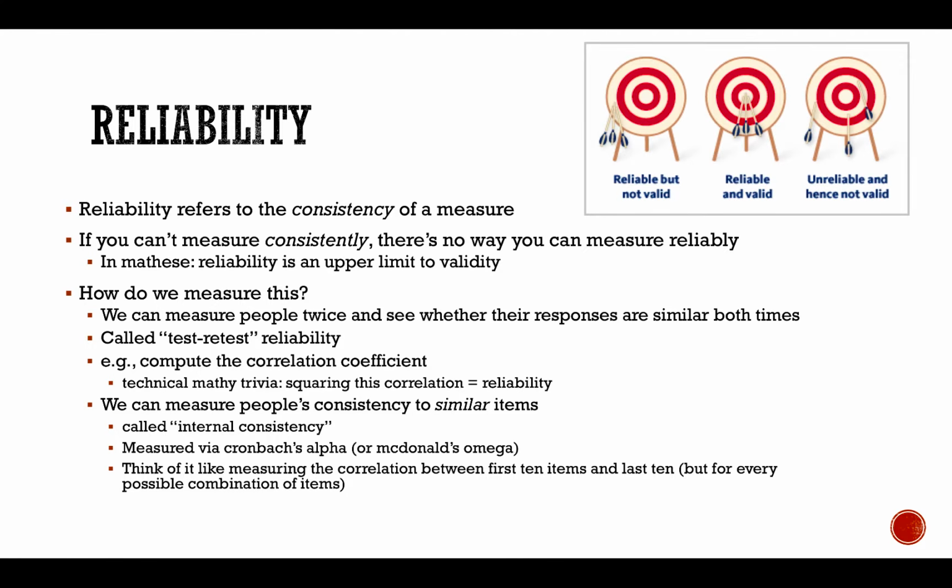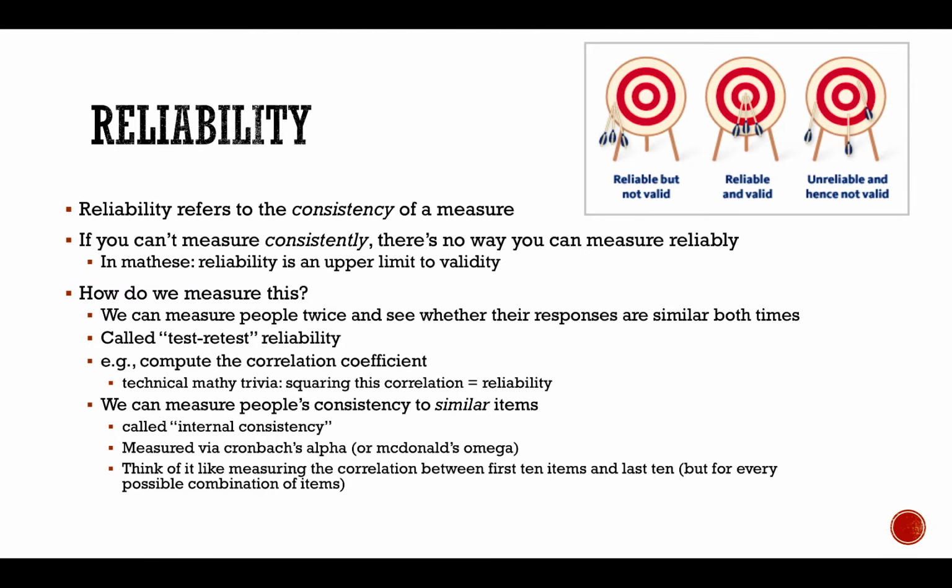There's also McDonald's omega, named after Roderick McDonald. And by the way, there are lots of limitations of those issues. We will talk about that much more in the measurement class. So think of it like measuring the correlation between the first 10 items and then the last 10. And then maybe you do another correlation between the even items and then the odd items.